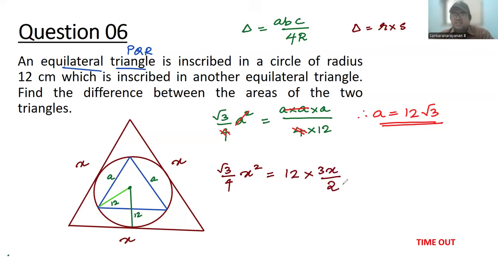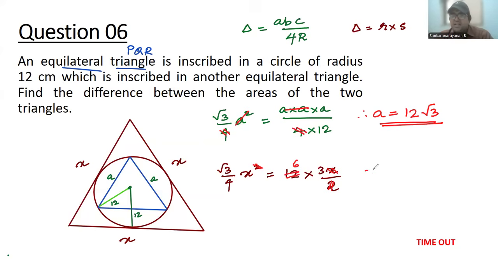So from this, I can now see that here, 1 x can be cancelled. See the simplification I'm doing. 1 x, this can be cancelled. Now you can see that 2 goes here 6 times. 2 sixes are 12, right? Now 6 threes are 18.